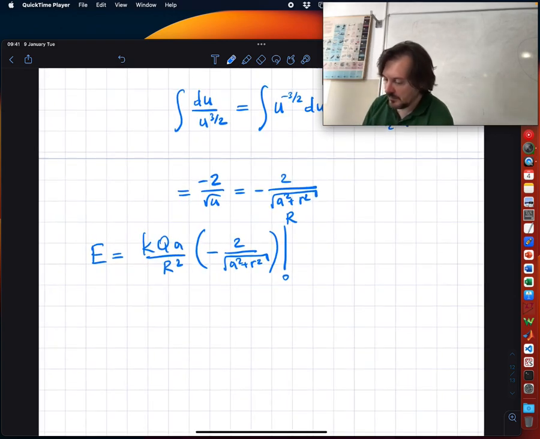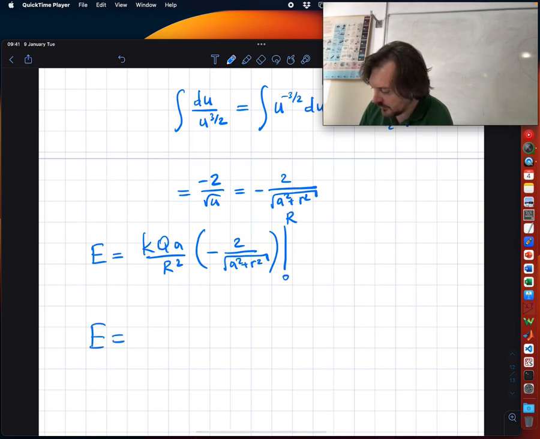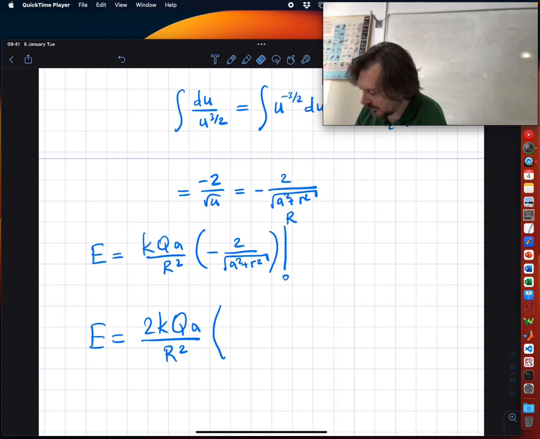Okay, so my electric field is 2kqA over R squared times (1 over A minus 1 over the square root of A squared plus R squared).